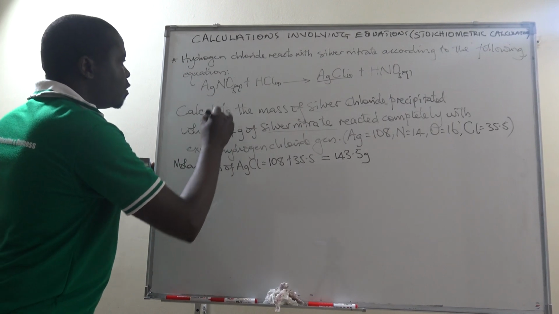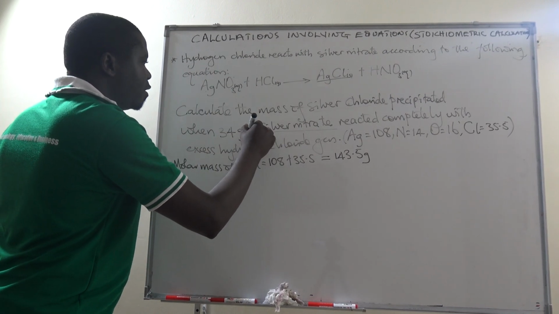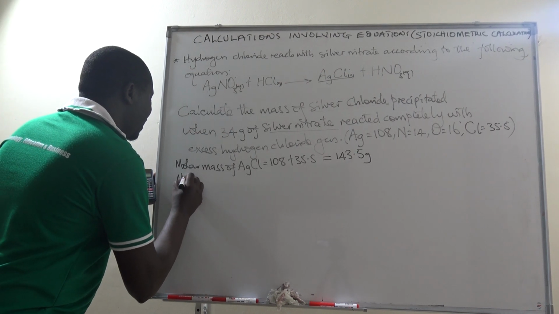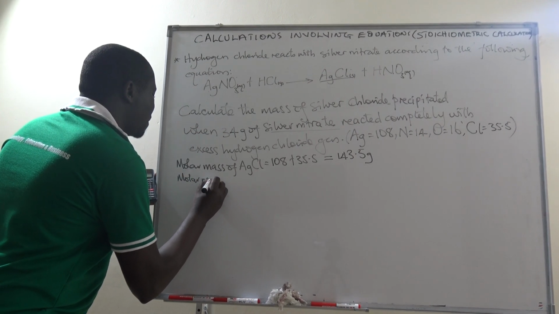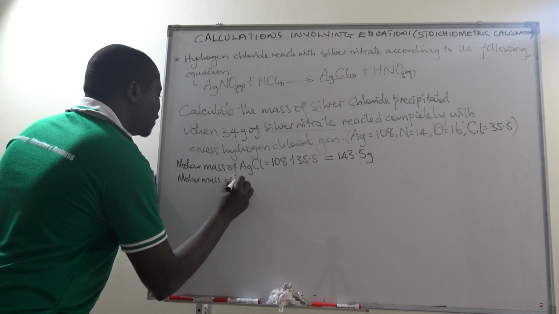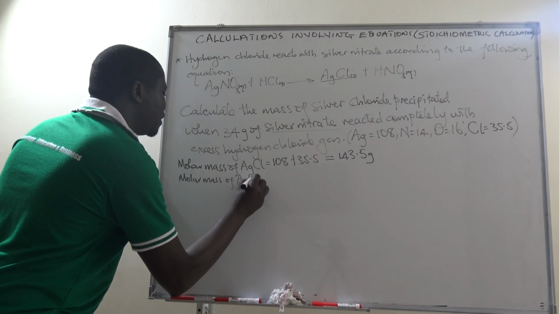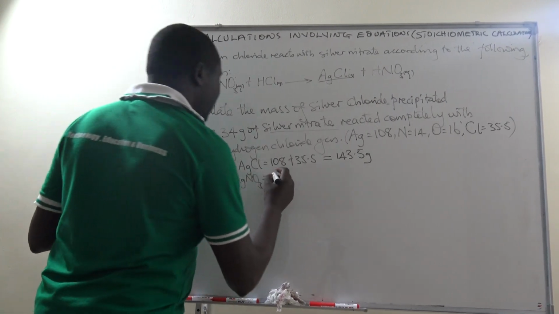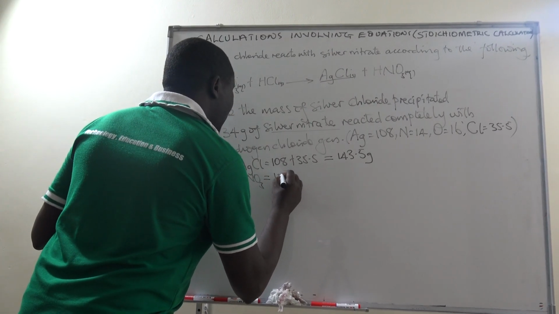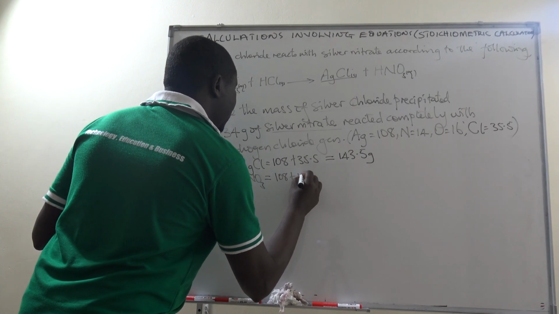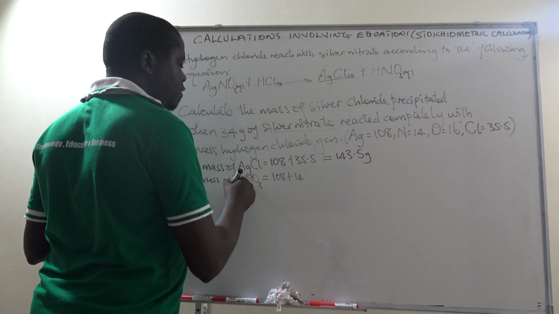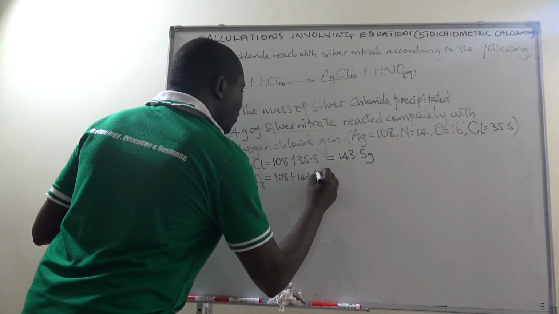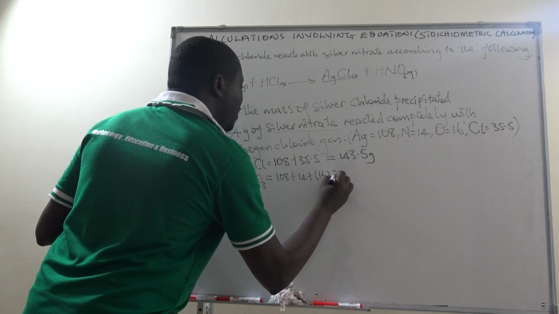Then let us also look at silver nitrate. We have been given the mass of silver nitrate. So let us firstly get the molar mass of silver nitrate. So the molar mass of silver nitrate is 108 plus 14, that is the relative atomic mass of silver, plus the relative atomic mass of nitrogen, 14, plus oxygen, 16 times 3.